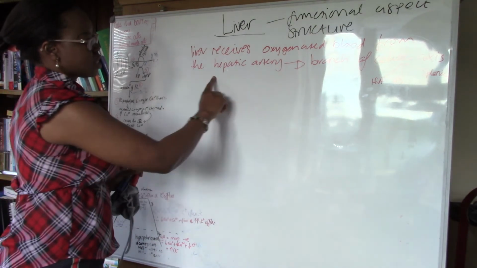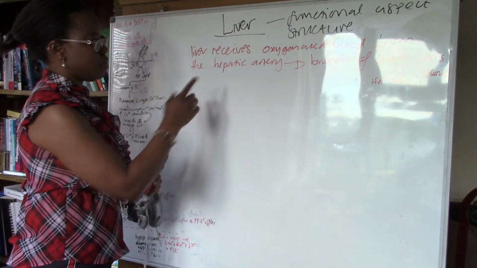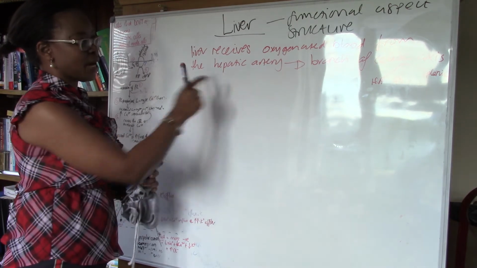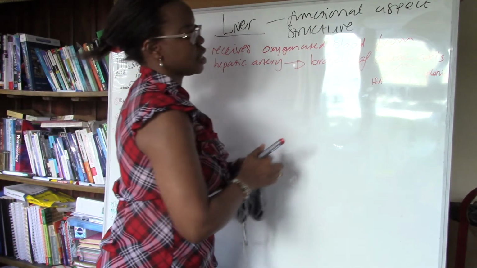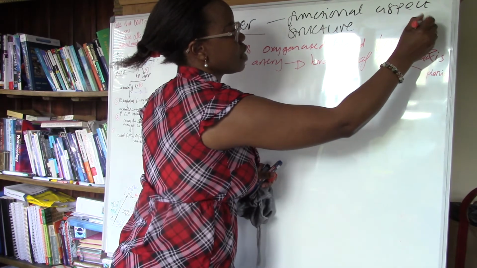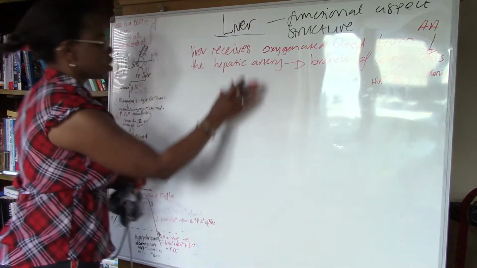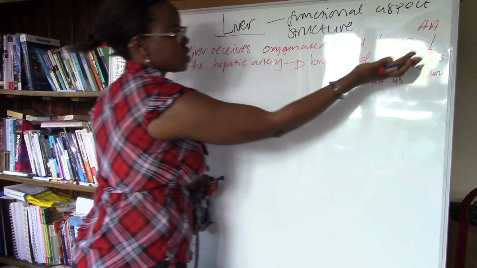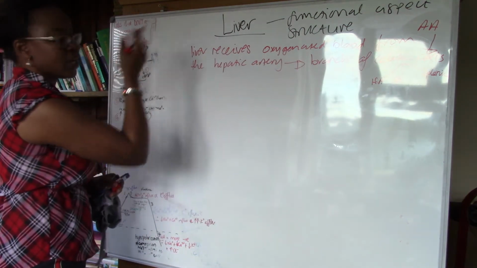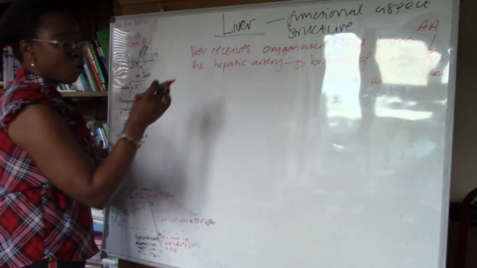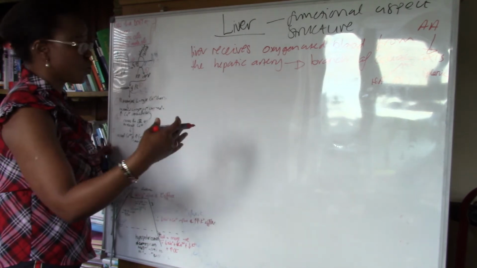So it receives its oxygenated blood from the hepatic artery, and the hepatic artery is a branch of the celiac axis, and the celiac axis is a branch of the abdominal aorta. So this is the blood directly from the aorta to celiac axis to the hepatic artery into the liver, branching into the arterioles.